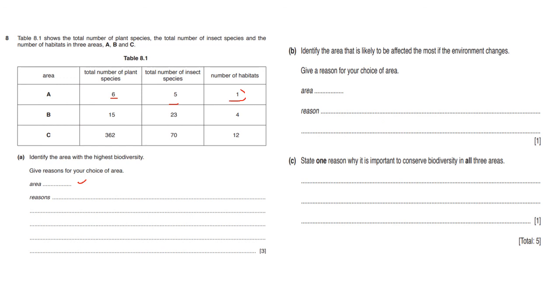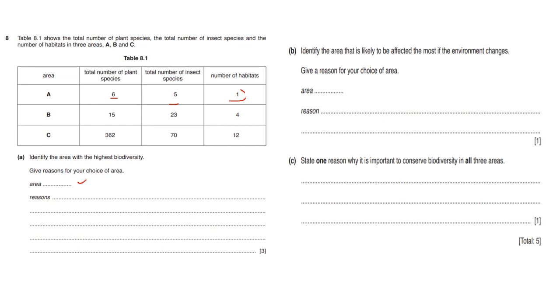State 1 reason why it is important to conserve biodiversity in all 3 areas. In this case, you can talk about why we conserve biodiversity. We can talk about the moral stewardship that we have. We can talk about the fact that when we conserve biodiversity, we can study and learn more about other species.